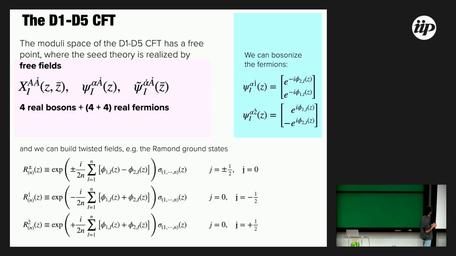If you take another field and circle it, this twist is going to swap the copies of the field you go around. You have a collection of Ramond ground states because there are different possibilities because of the different symmetries of the indices that you can put here. And this is an example of a field in the CFT.